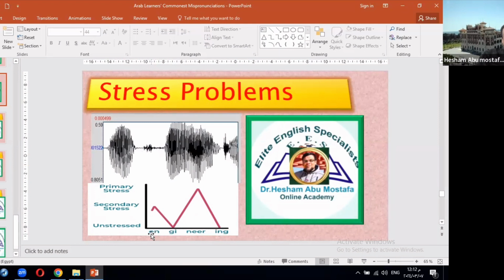Okay, how many syllables? 1, 2, 3, 4. We have 4 syllables. Okay, we have secondary stress. Okay, we have primary stress, and this is the most important. The primary stress is the most important. But some students cannot place the stress.